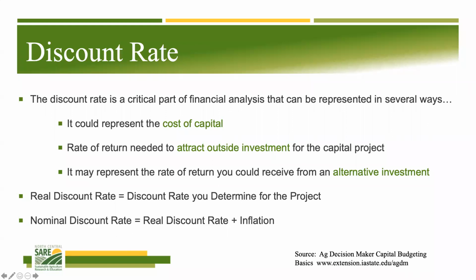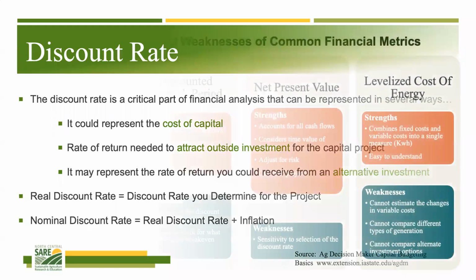Your nominal discount rate is going to be both your real discount rate plus inflation. The sum of these two, your nominal discount rate, is going to be the value that ultimately impacts your cash flow tables. And I'll show an example here in a few slides in terms of how that discount rate is impacting those cash flows in future years.